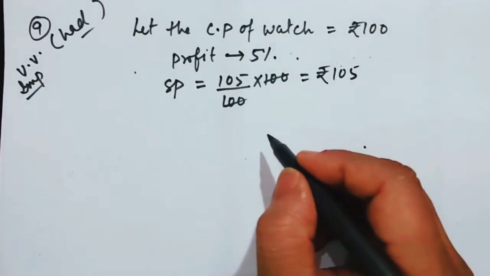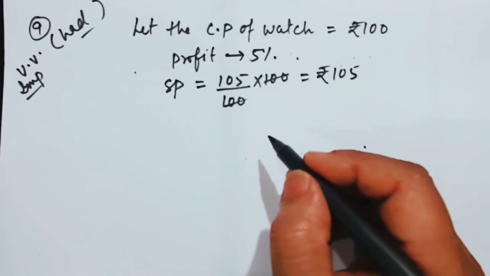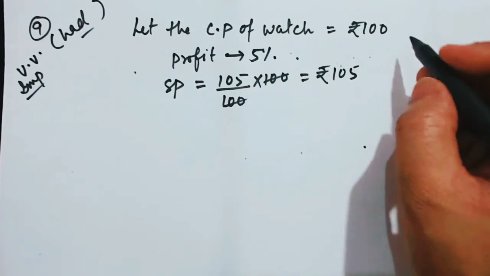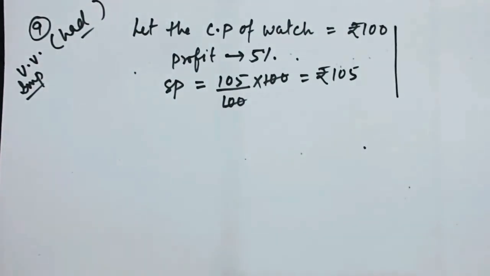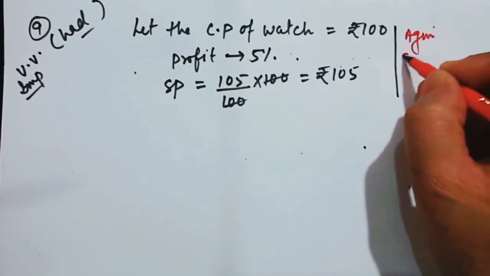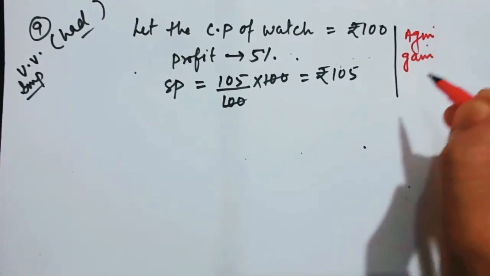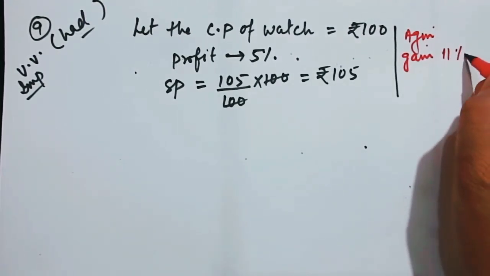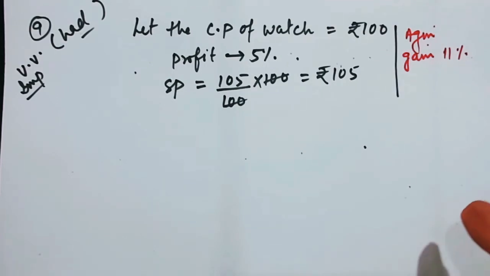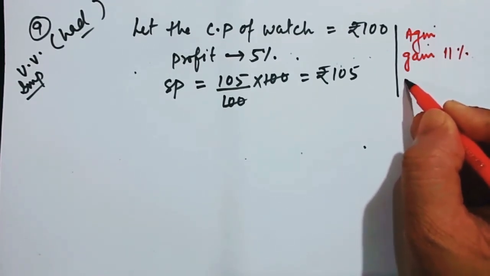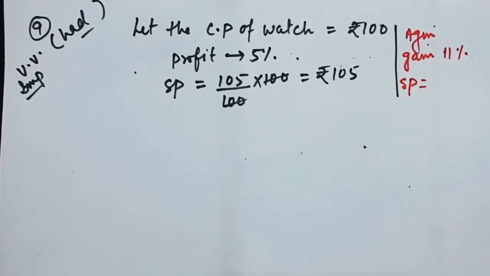No problem at all. Had he sold it for rupees 24 more, he would have gained 11%. Again, he wants to gain 11% if he would have sold it for rupees 24 more. So again, gain is equal to 11%. Therefore, you find the selling price once again.